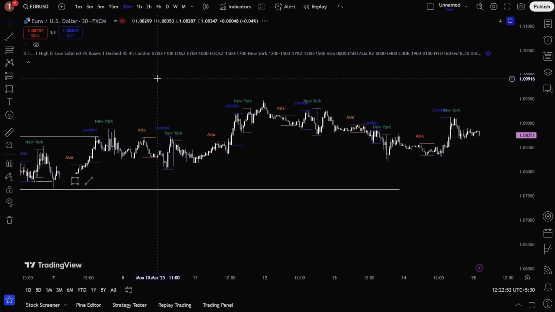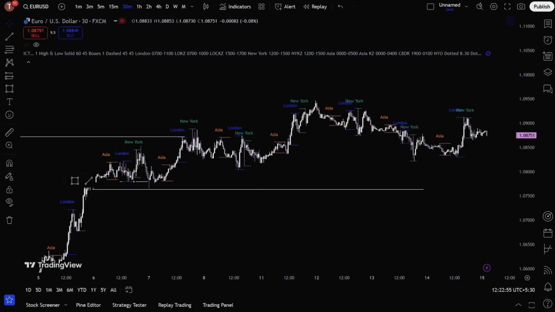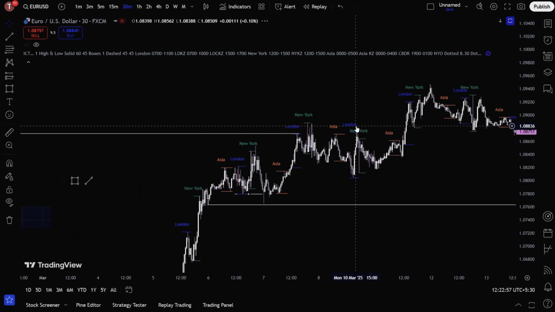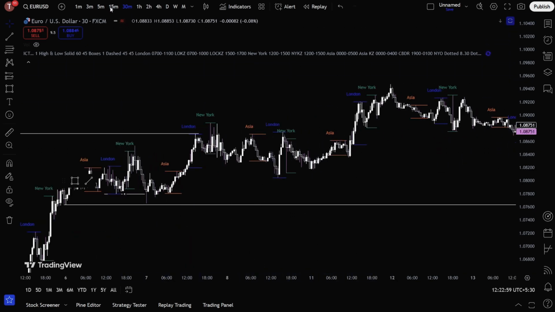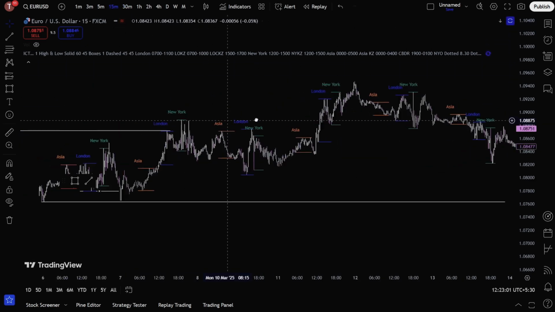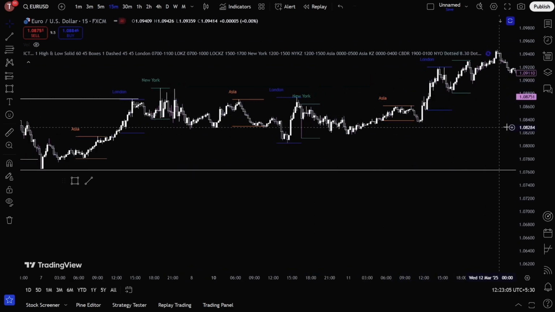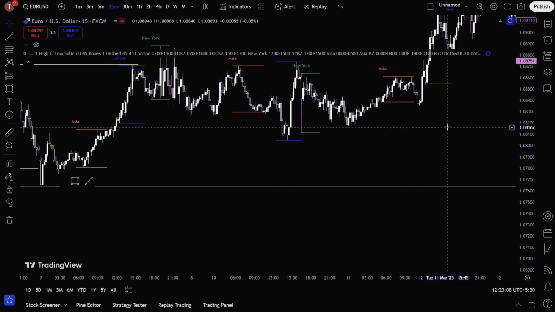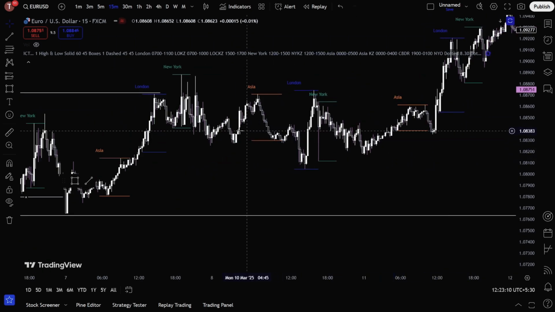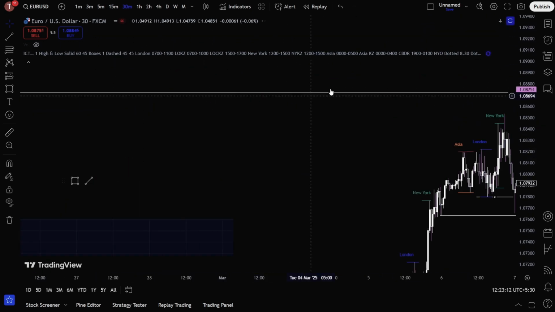I'll be showing you. It is still not visible here, but when we move into the further downward side, I took this trade over here.